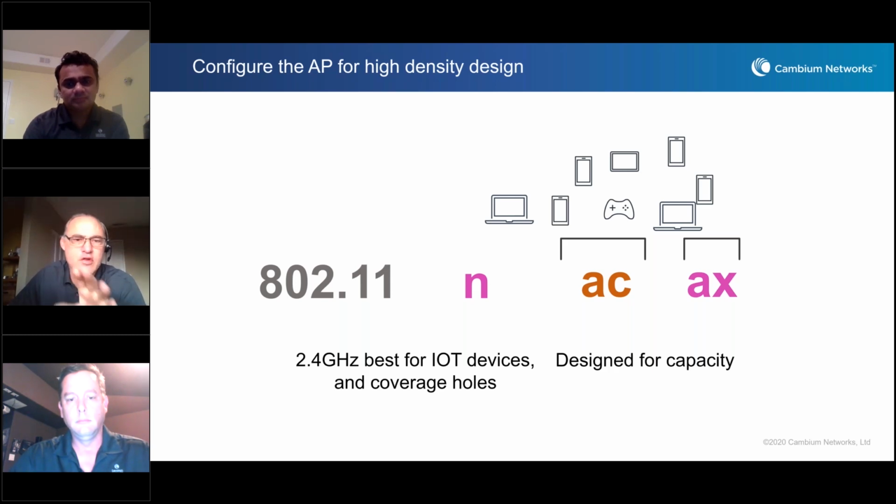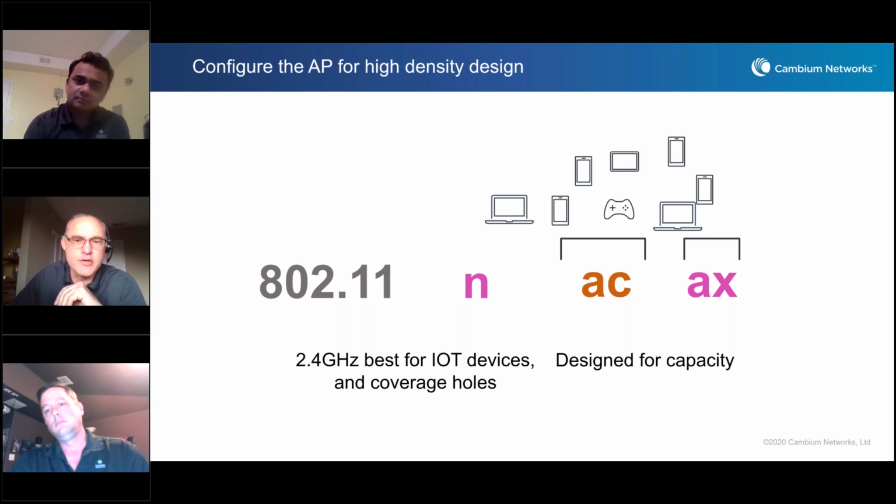Turn off B, turn off G, even turn off A, because you don't need those low data rates. N, 802.11n can cover that quite effectively for the lower data rate needs and the devices that are older. But you want to try to cluster your devices in 5 gigahertz, 11AC, and of course now 11AX as well, supporting 5 gigahertz. You want to focus on that area.